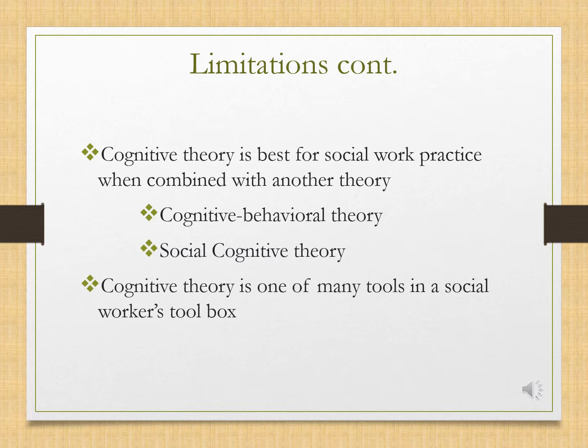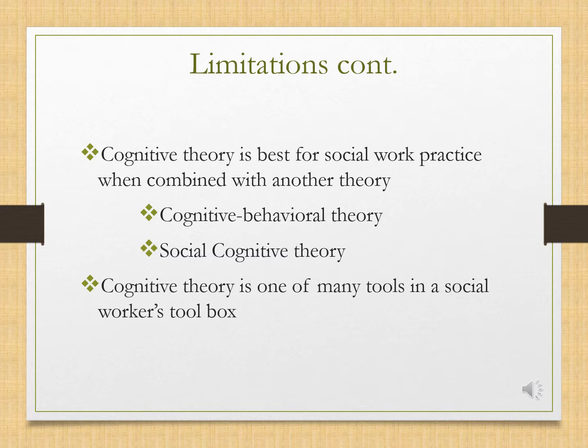In modern-day social work practice, cognitive theory is often combined with a complementary theory to offer a more comprehensive approach. Frequently, cognitive theory is melded with behavioral theory to create cognitive behavioral theory. Another popular combination is social cognitive theory, which helps bridge that knowledge gap in considering how people interact with their environment and other factors like culture and the influence of larger groups like communities.